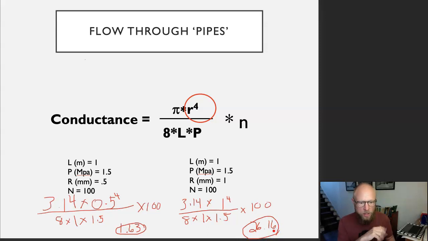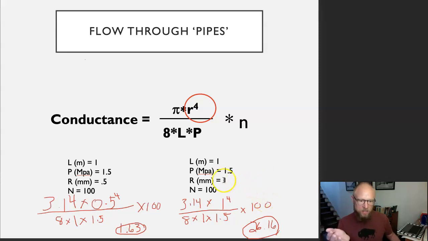All right, so it shouldn't be a surprise, all else equal, the plant that has the larger radius cells or pipes has higher conductance. But what I want you to think about is if we take the ratio of these two, 26.16 divided by 1.63, the difference is 16 times.